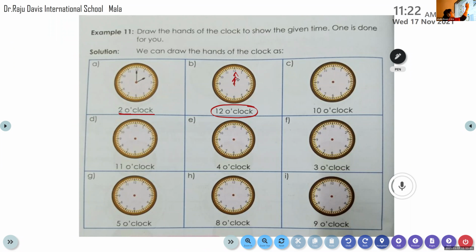Okay, so please draw it. Both the hands you have to draw on the number 12. Now the time is 12 o'clock.